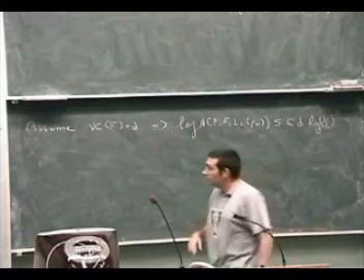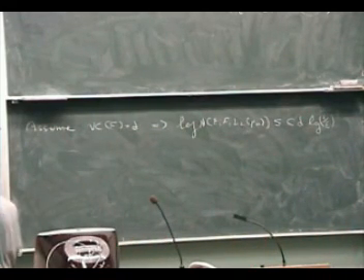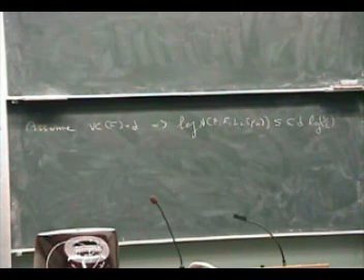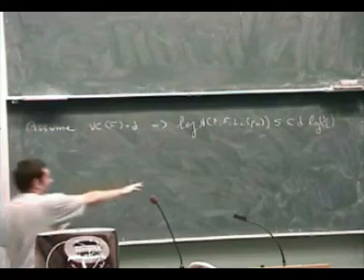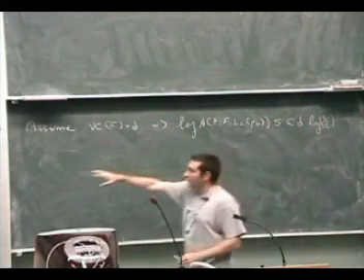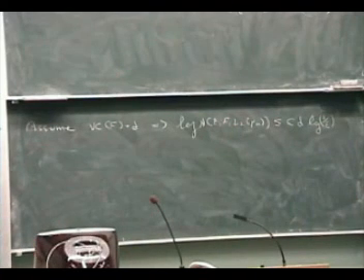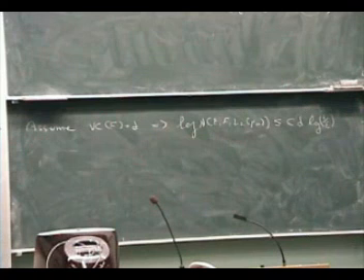So in L2(mu_n), the diameter of the set is 1. What's the worst L2 norm I can get? The worst L2 norm I can get is the supremum over f in F of (1 over n sum of f at x_i squared) to the half. That's the L2(mu_n) norm, and that's the worst one over the class. So these are all bounded by 1.